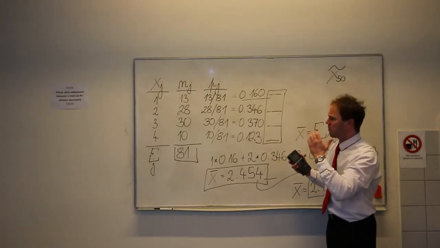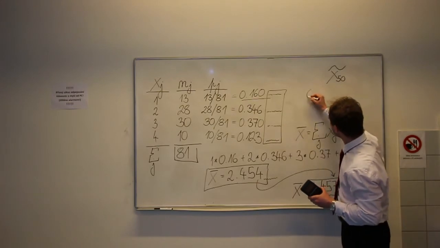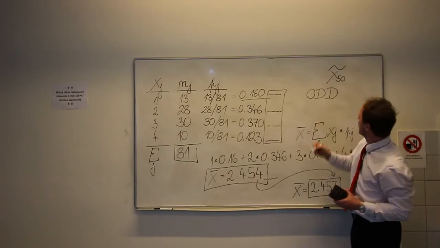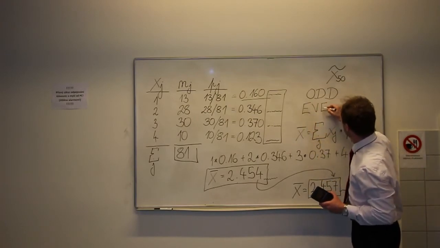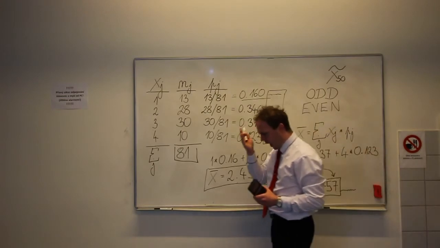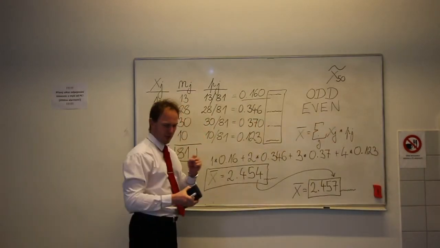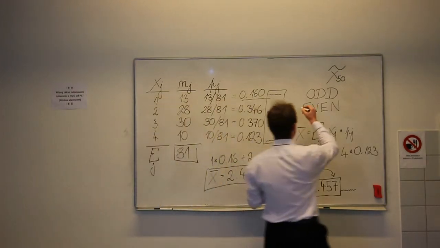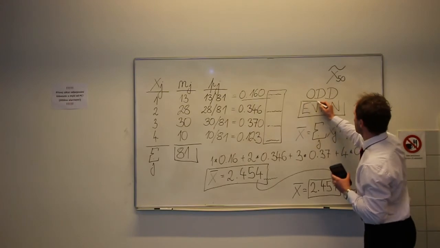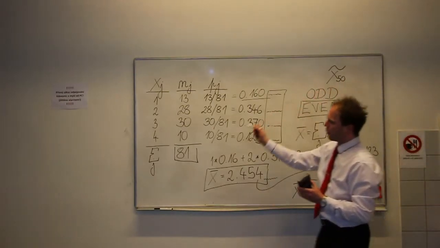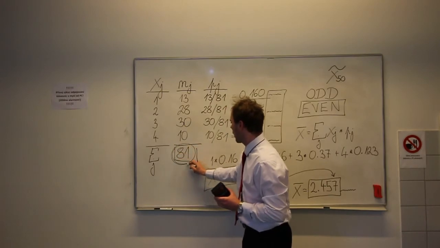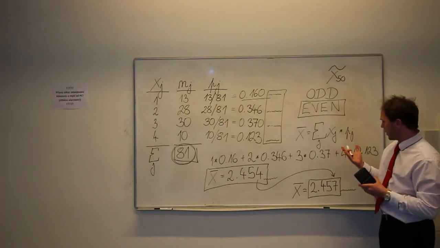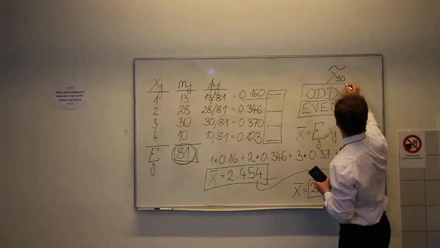So we must go to the middle, and we know that the statistical sample can be odd or even. Last week we analyzed a statistical table with 8 prisoners, which means an even statistical sample. Now we are analyzing 81 students, which means this is an odd sample.